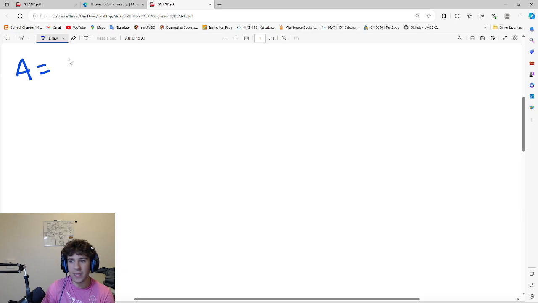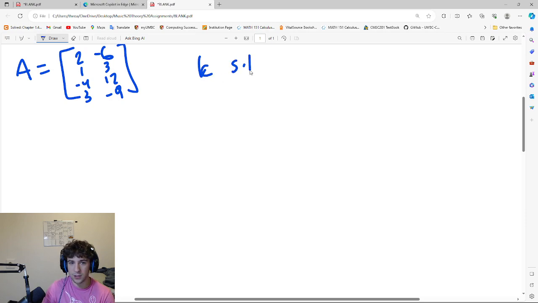A is going to be equal to 2, 1, negative 4, and 3, and then 6, 3, 12, negative 9. We have to find K such that the null space of A is a subspace of R to the K.